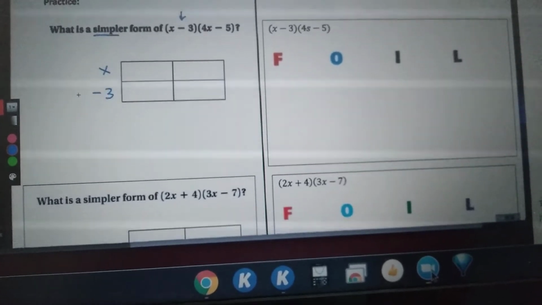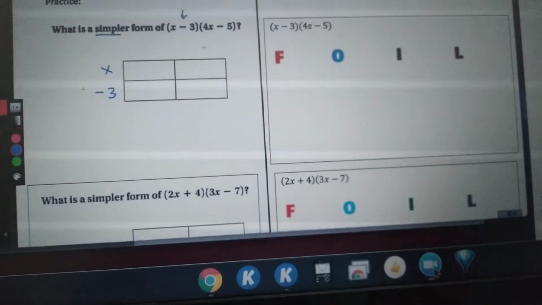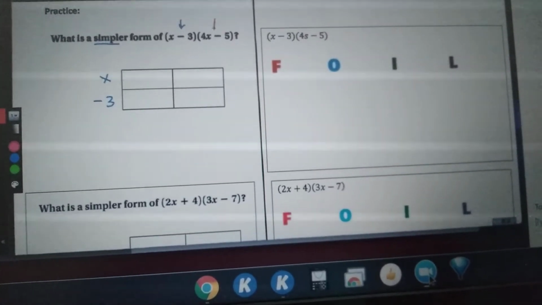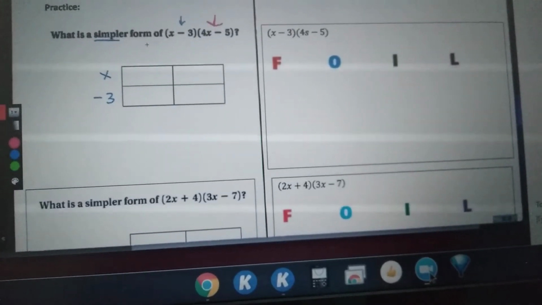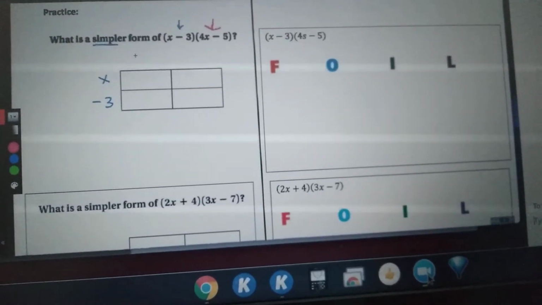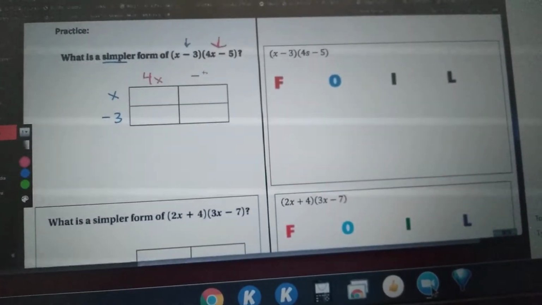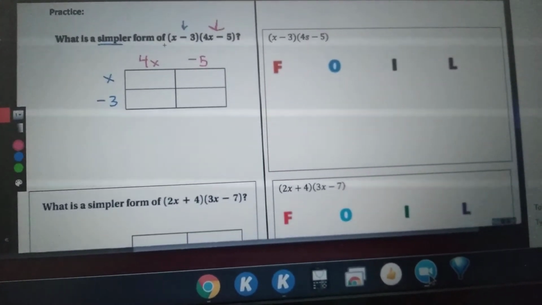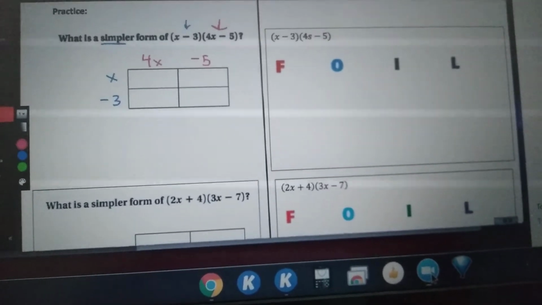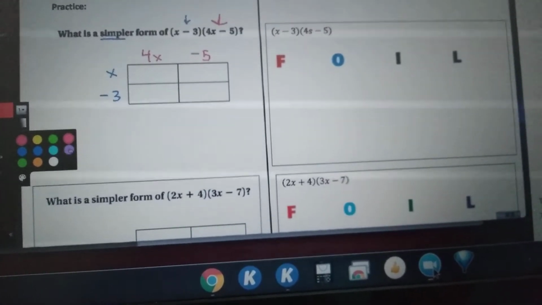Everybody understand? Good. Top row is my other binomial, my second binomial, 4x minus 5. So 4x goes on top here, and then the minus 5, notice the sign. The sign goes with the number right after it. And then I'm going to now multiply.